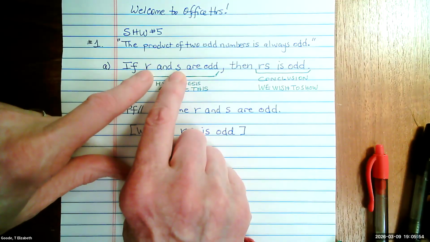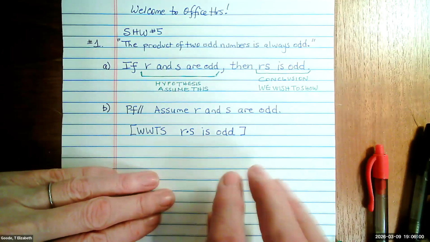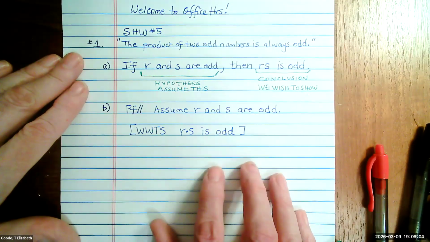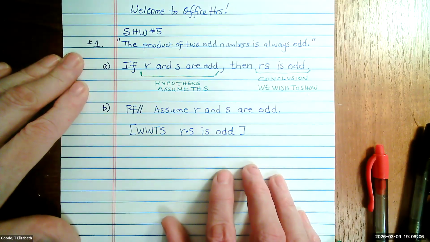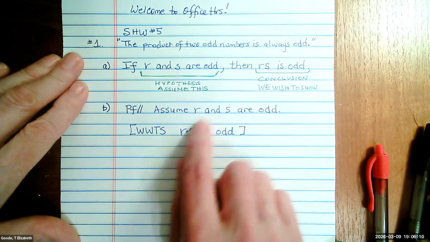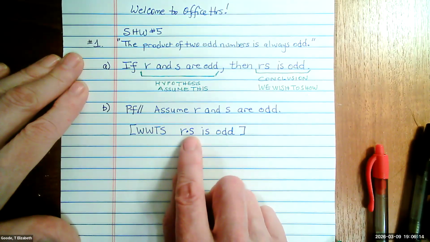Just pick two variables, one for each odd number. And now we're going to be able to use the definition to get the nice equations, and we'll be able to use the fact that the sum of integers is an integer to get the product to look like 2 times an integer plus 1.